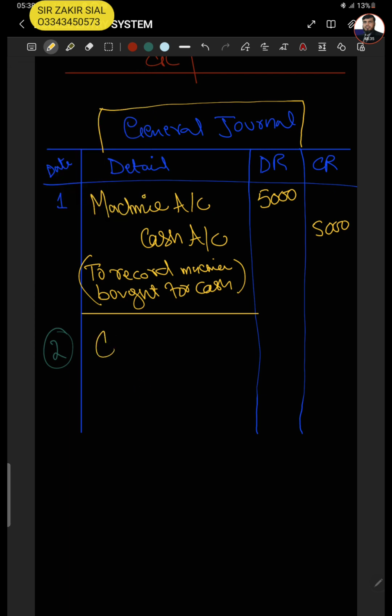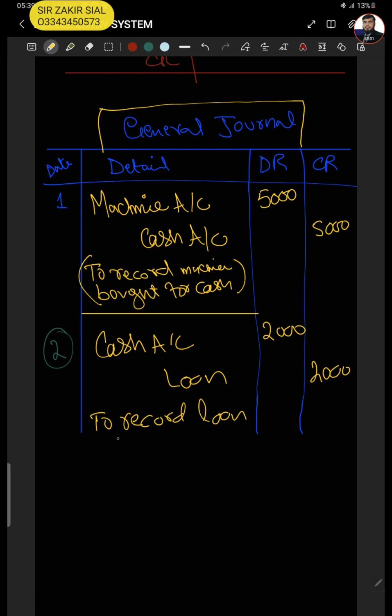Now we are taking cash, so cash account debit 2000, and loan from bank credit by 2000. The explanation will be to record loan from bank. That's it. In the same way, we process all the transactions.